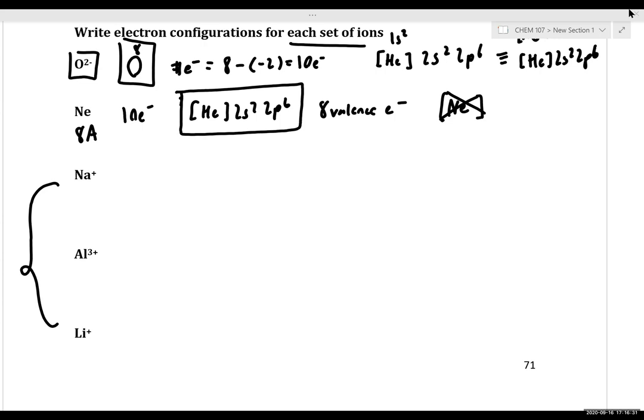And so we have a nice pool of responses. Let's add a few more responses to the chat and we'll discuss in about another 30 seconds to a minute. It's great that I see this pool of responses in the chat and participation from a wide swath of the class.